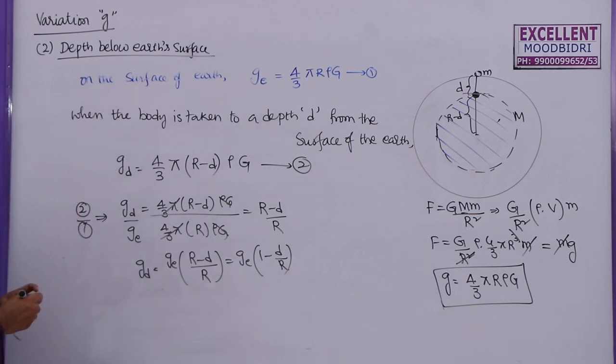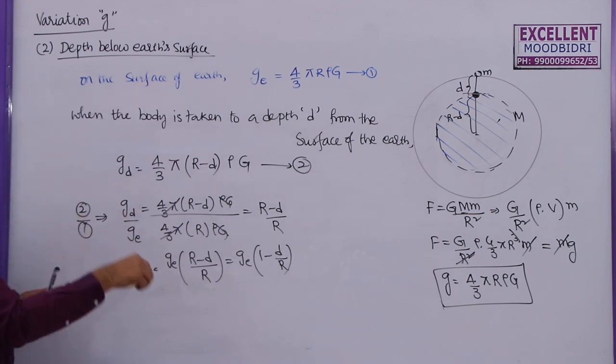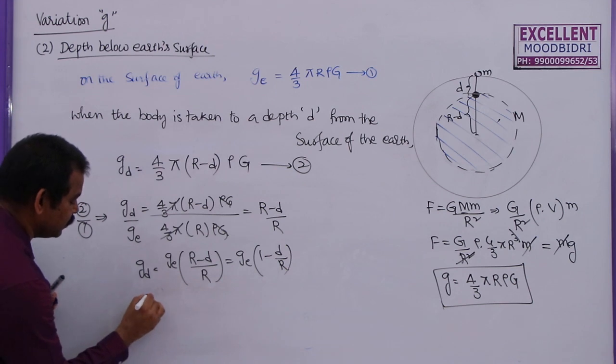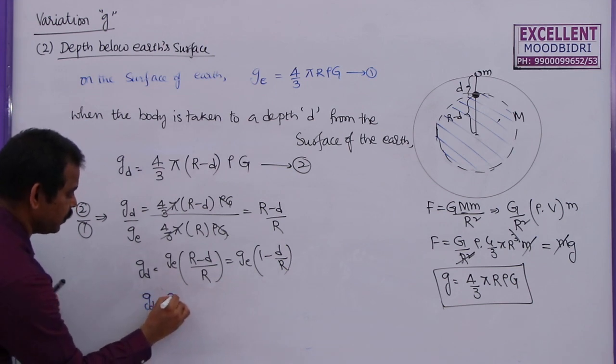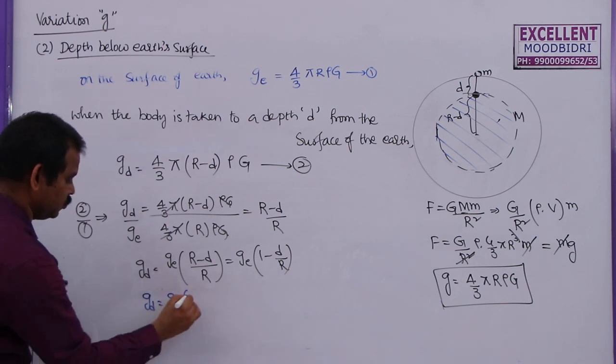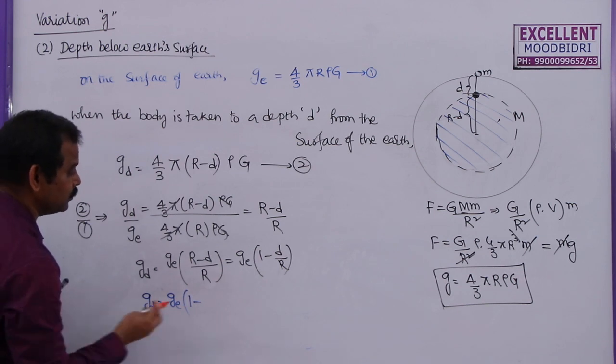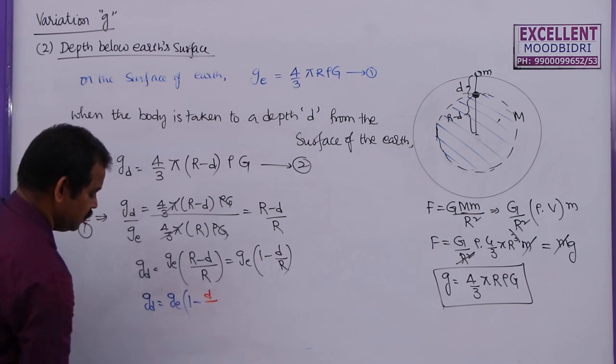So what is the acceleration due to gravity at the depth d from the surface of earth? g_d is given by g on the surface of earth into 1 minus the depth d by R.